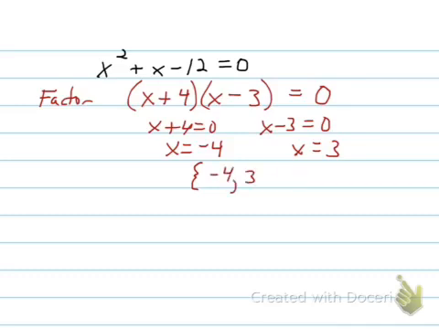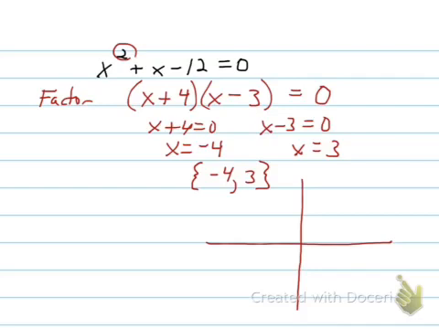Now, what you'll learn when you get into high school is this will help you actually in geometry. When you get into geometry and you will be graphing different types of things, this is not the equation of a line. Remember, the equation of a line only has a degree of 1. This has a degree of 2. It's called a parabola, and just so you know what you just found, you found the zeros.